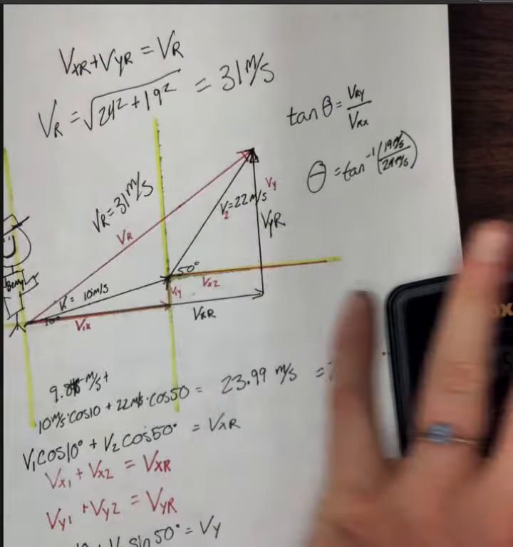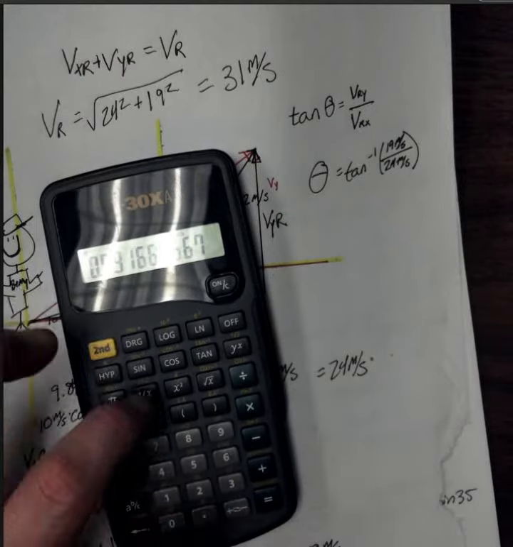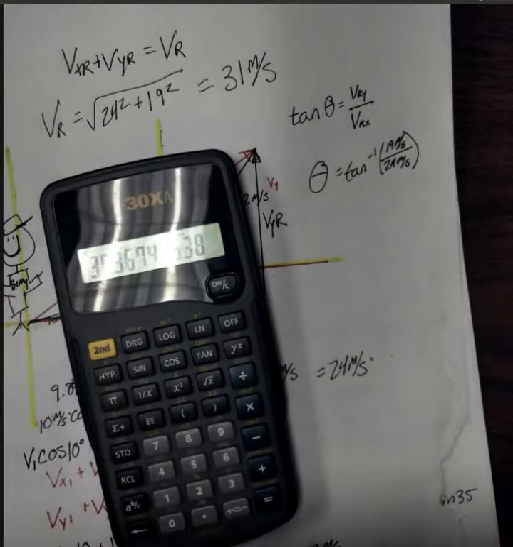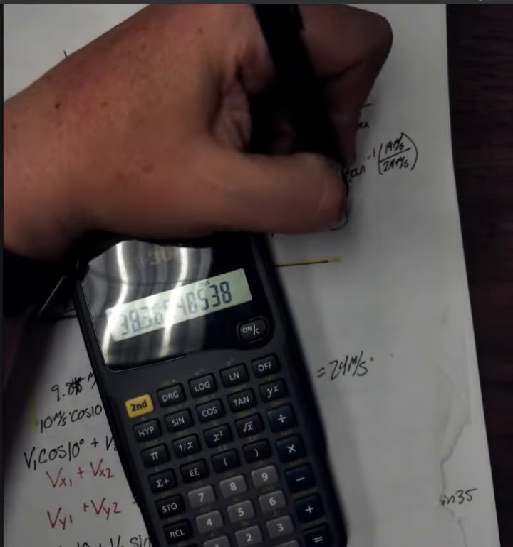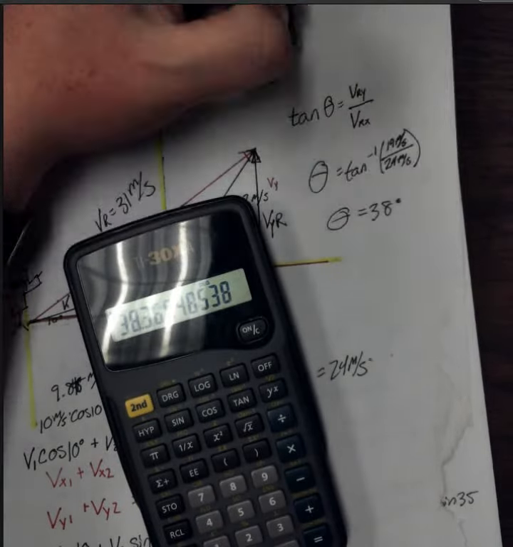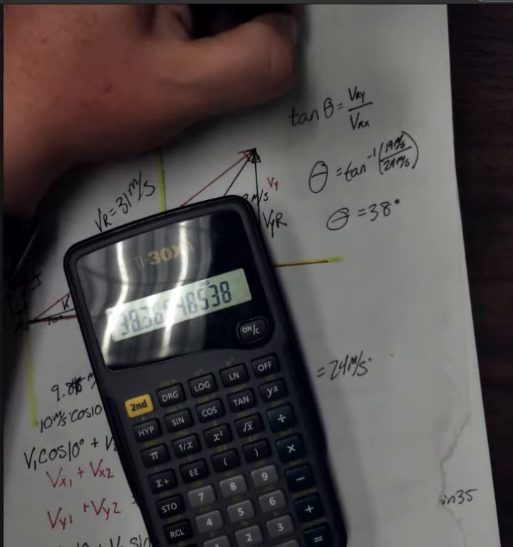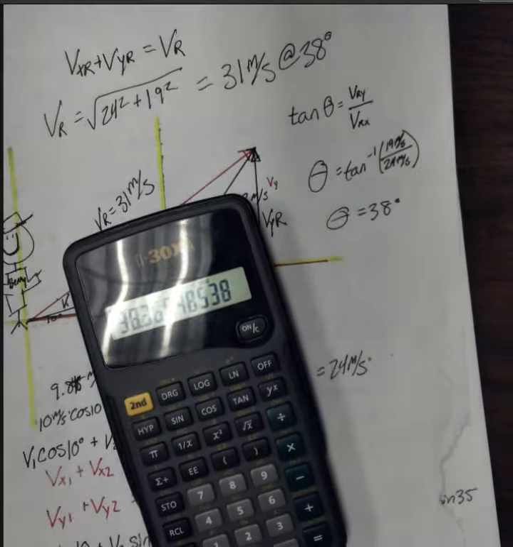So 19 divided by 24, inverse tangent. The theta was 38 degrees above the horizon.